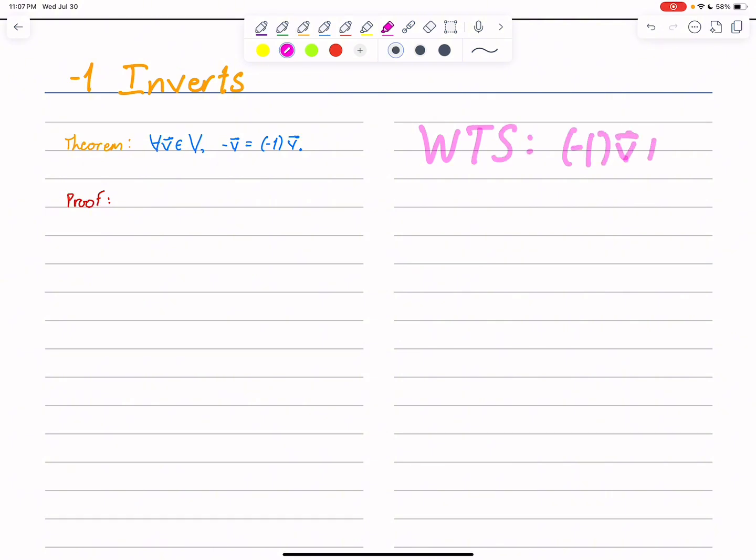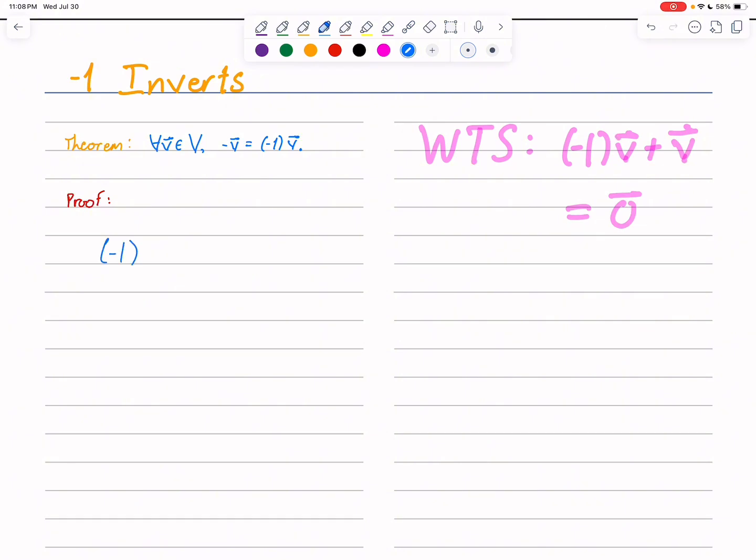If we take -1 times v plus v, I want to show that that's equal to the 0 vector. If I show this, it shows that -1 times v has the inverse property. This is the inverse property. If it has the inverse property, it must equal the inverse of v by that uniqueness theorem previously, right? So that's my strategy here. I'm going to show that -1v has the inverse property.